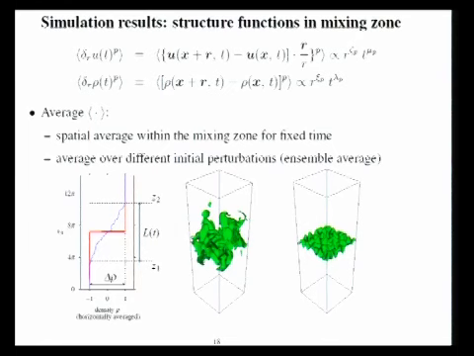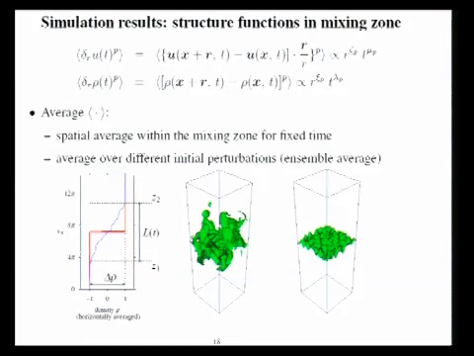During this time, I will measure the structure functions, and I'm especially interested in the temporal scaling. I measure the velocity structure function and also the density structure functions, and I take two averages.